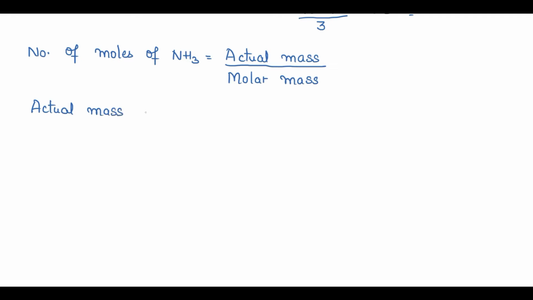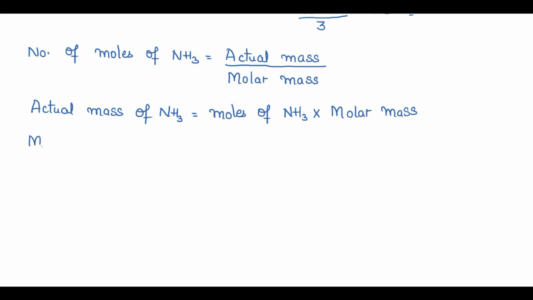Actual mass of NH3 equal to the molar mass cross multiplied with the number of moles. So moles of NH3 into molar mass of ammonia. We have the value of moles of NH3, right? But we don't have the molar mass.